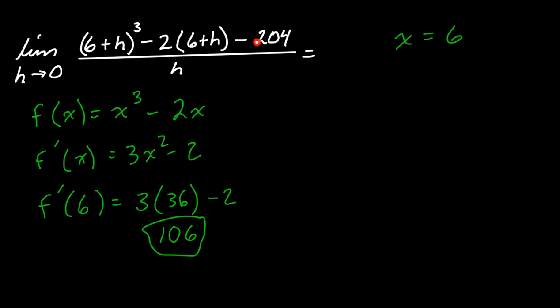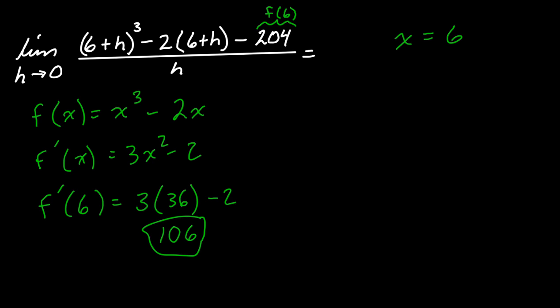Over here, this is where we had minus f of x. Well, with just a number here, we can't figure out what the original function really was to start with, because what they have right here is not f of x, it's actually f of 6.